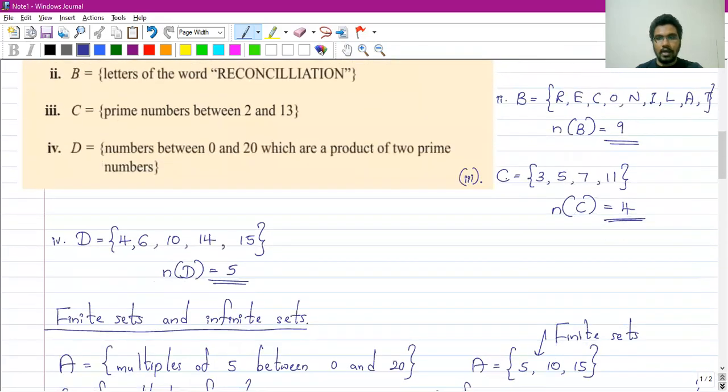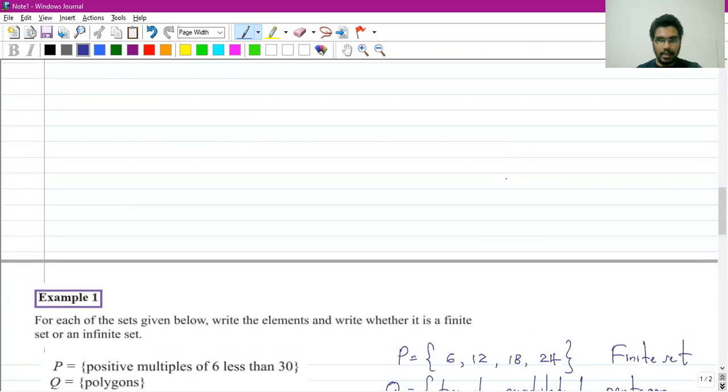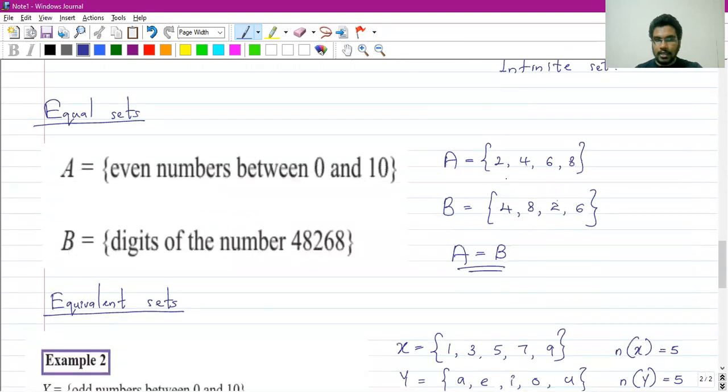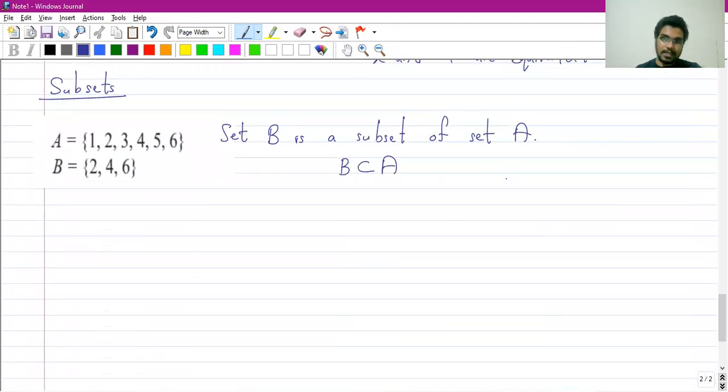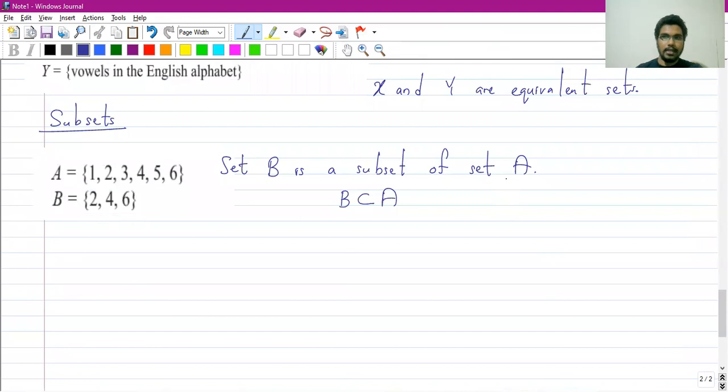Now what we are discussing is B is a subset of A, not an element. So we are not writing this element sign, we are not putting this middle line. So it will be like this. So we can tell B is a subset of A, and it is denoted by this sign.